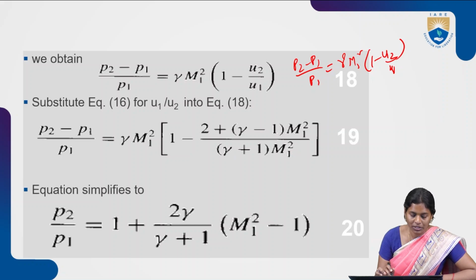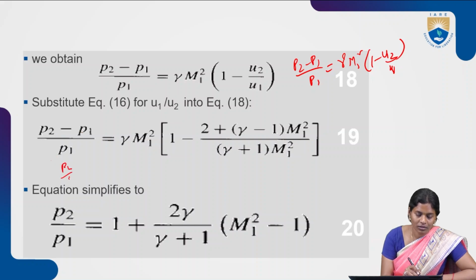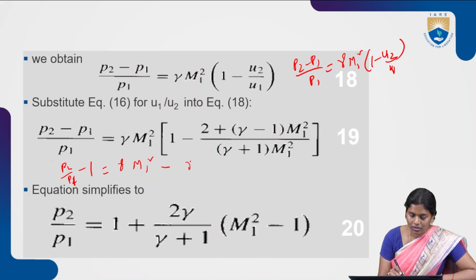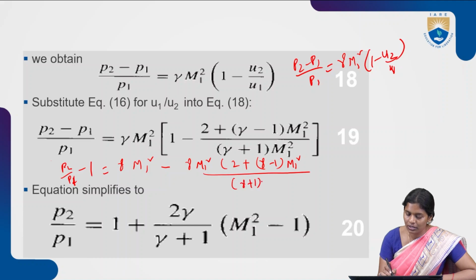Now if we simplify this particular expression, what we will be having, P2 by P1 minus 1 equal to gamma M1 square minus gamma M1 square into 2 plus gamma minus 1 into M1 square divided by gamma plus 1 into M1 square, right?